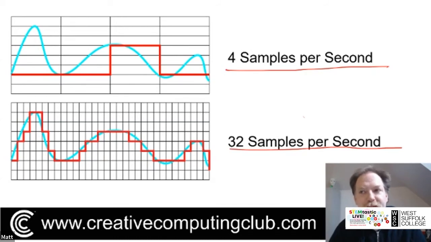It used to be the case that hard drives were like 1 or 2 gigabytes, or even sometimes 32 megabytes, so you wouldn't be able to store a song like that. But nowadays, because we have massive hard drives, we can have much better quality.